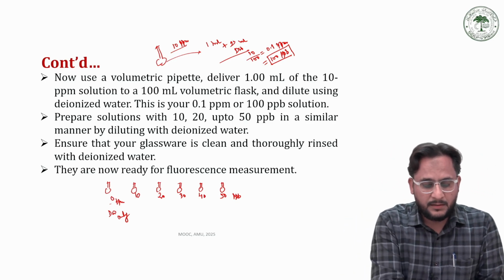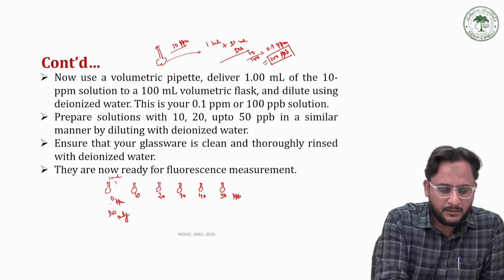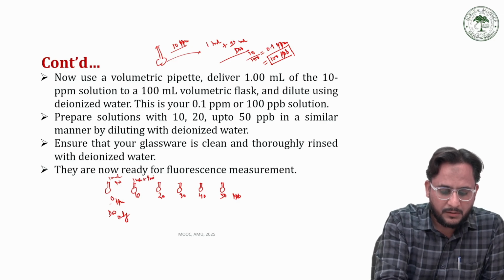In these 10 ml standard flasks, in the first flask we put 10 ml distilled water only, while in the second we put 1 ml of this solution and 9 ml distilled water. Here we put 2 ml of this solution and 8 ml distilled water.